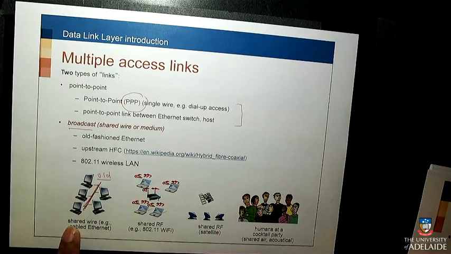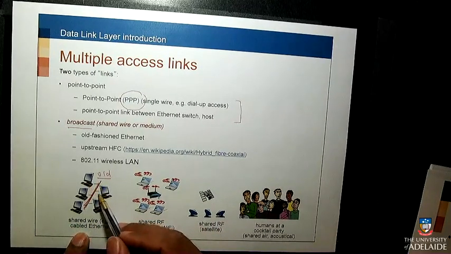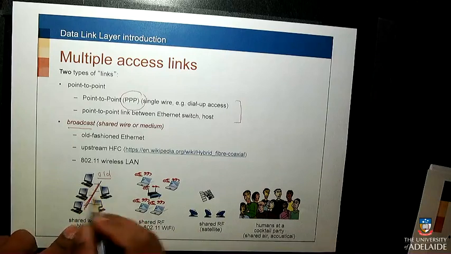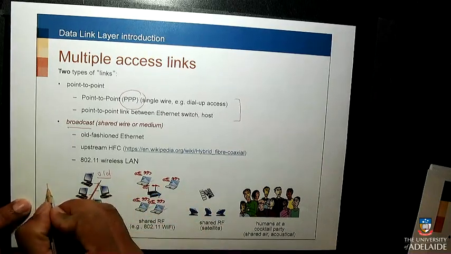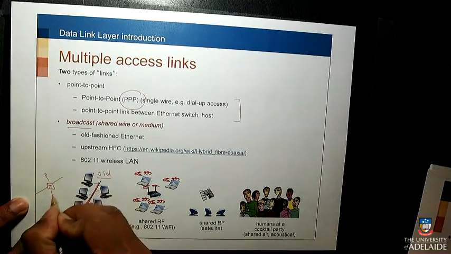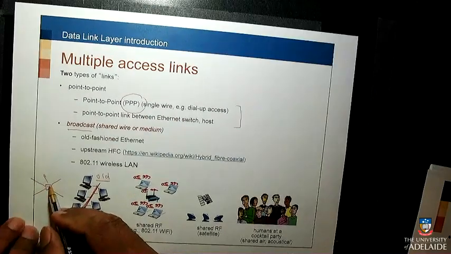So all these stations needed to figure out how to share this wire. If you transmit at the same time, it's the same effect as you and me talking at the same time and nobody being able to understand what's being said. But you may not find these networks anymore, because typically Ethernet networks are now connected over a switch. The switch takes care of that, which we'll look at later.